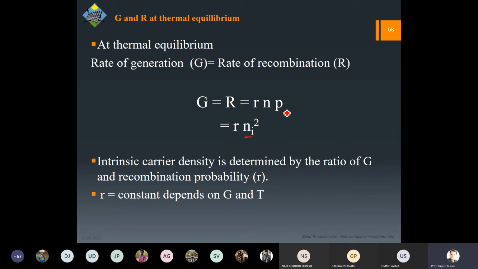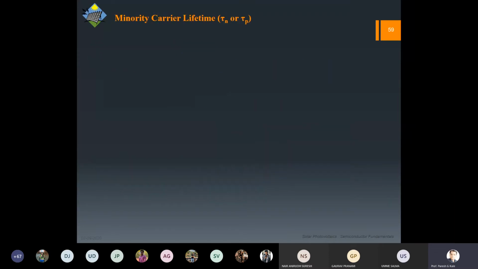Already we have seen that N0P0 is equal to Ni square. So G should be equal to R, and that should be equal to small r into Ni square, where small r is the recombination probability. So with this Ni, you can find out the generation rate and recombination rate as well.